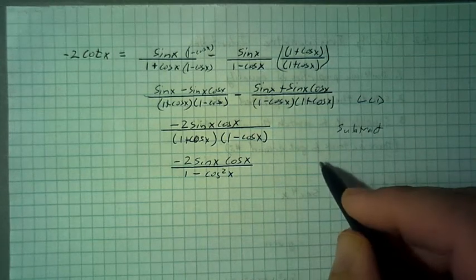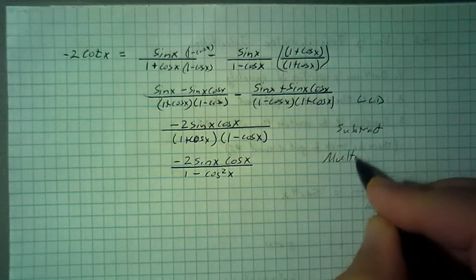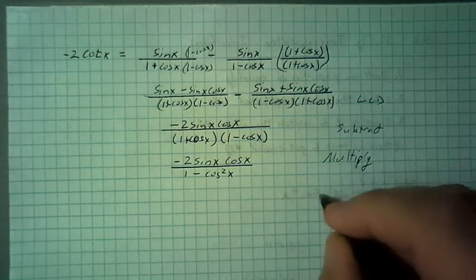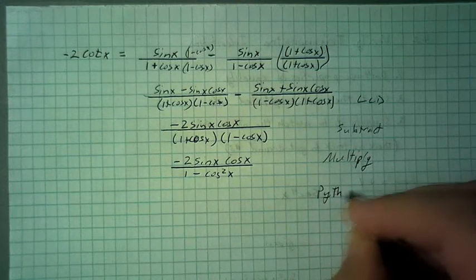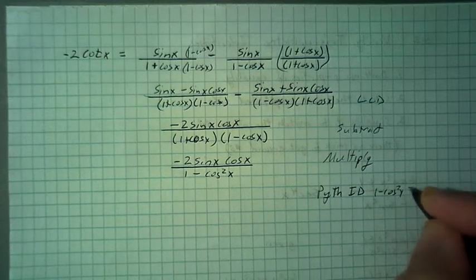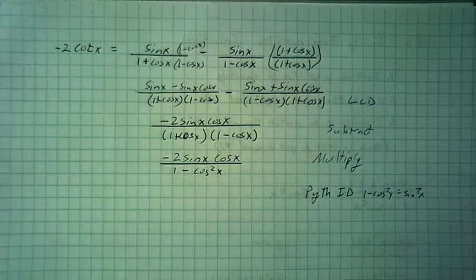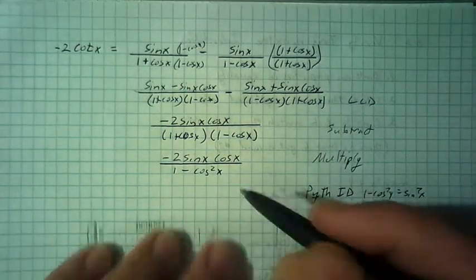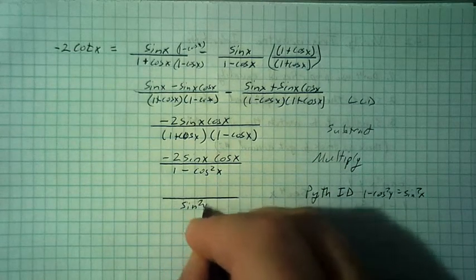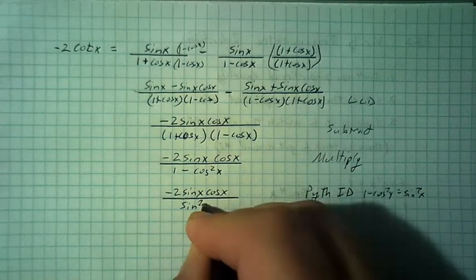And now I'm going to use a Pythagorean identity substitution. So let's see, 1 minus cosine squared of x is going to be equal to sine squared of x. So the bottom is now sine squared. And the top is negative 2 sine x cosine x.